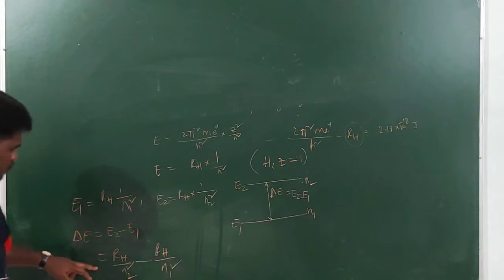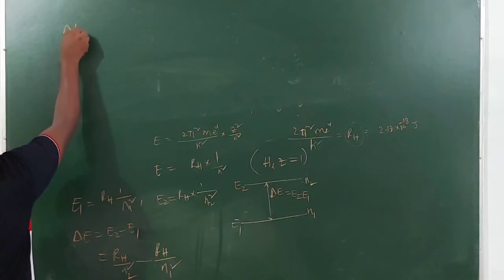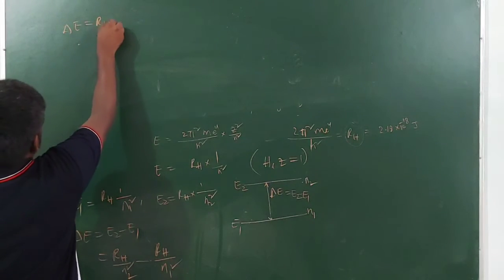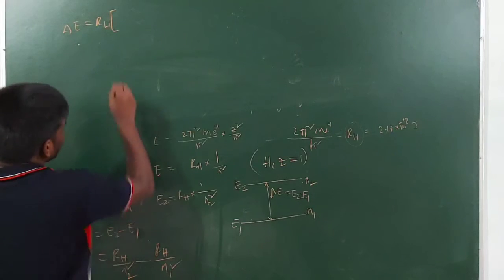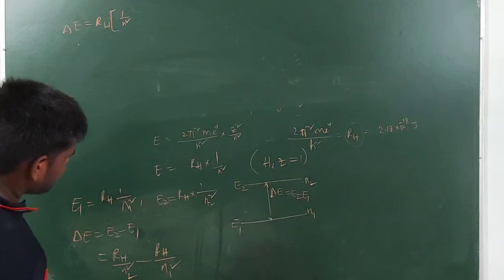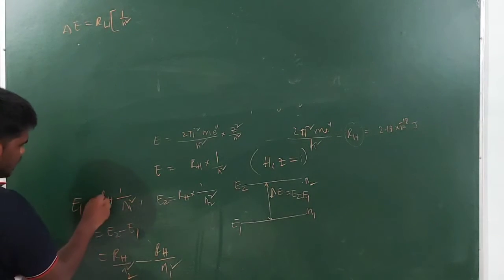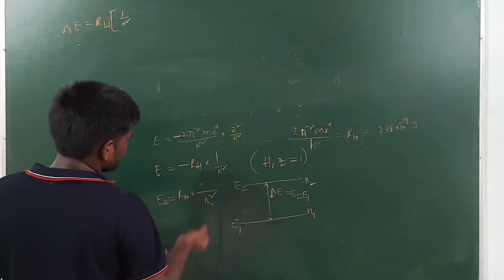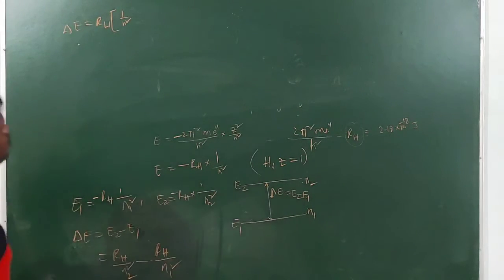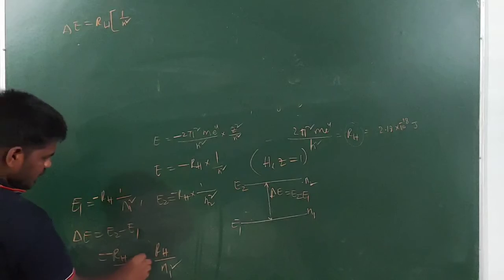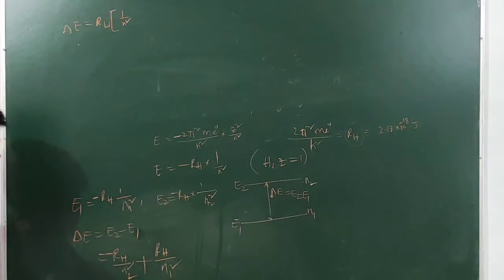So now, continuation, guys. Delta E is equal to RH common. Then the rest of the things here you have 1 by n2 square. Guys, we have minus. I forgot to write. Minus is there for every expression. Here also minus is there. Minus into minus will be plus.